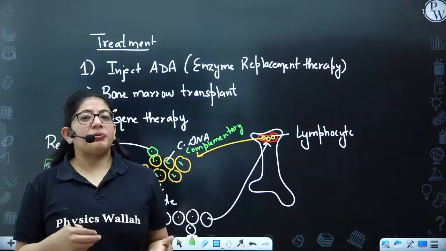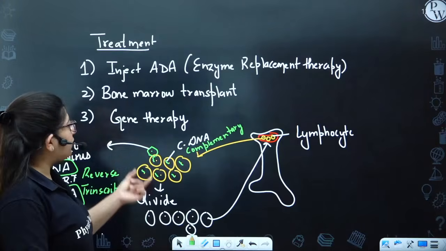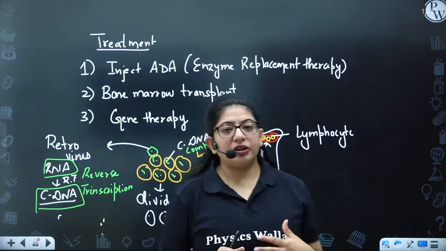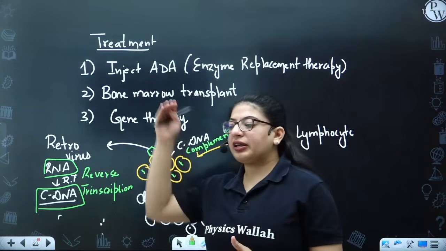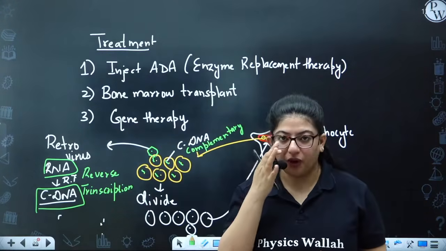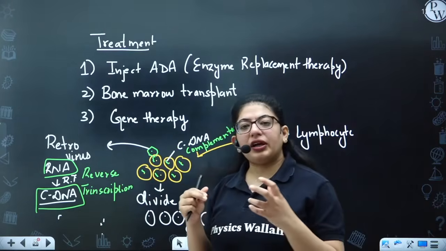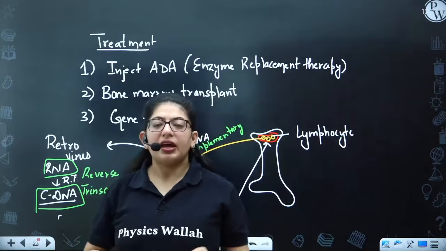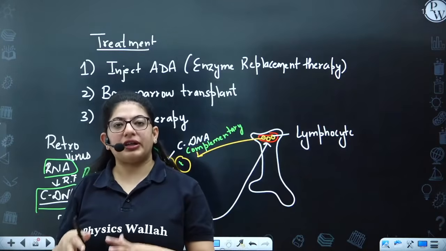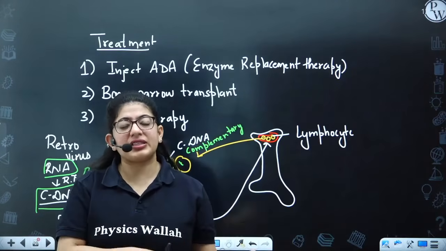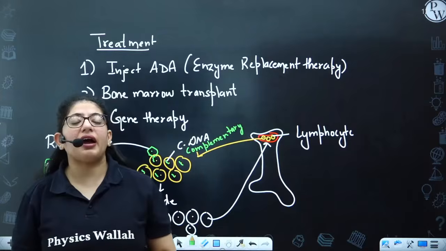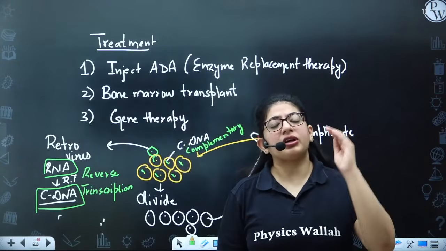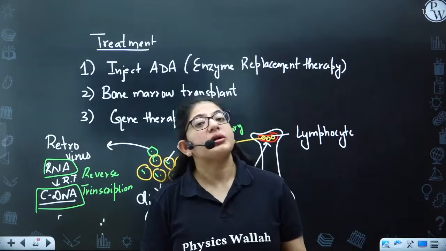So what can be a permanent cure? If you do this gene therapy in the embryonic stage, for example, you know the baby is going to form, and in their history they have certain kinds of genetic disorders. If the mother undergoes amniocentesis, and we get to know through that test in the early phases of pregnancy that the child may have this disease, then if we inject these cells into the embryo in the early stages, this can be a permanent cure.